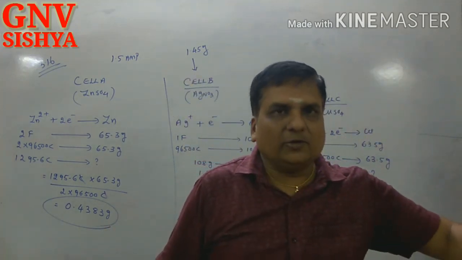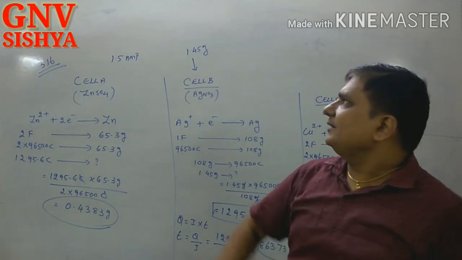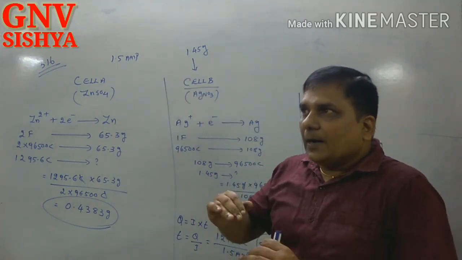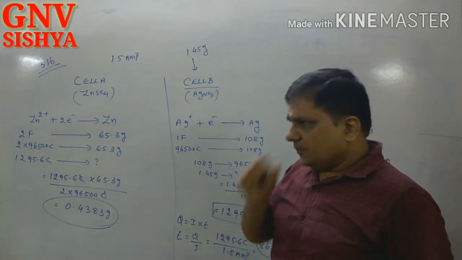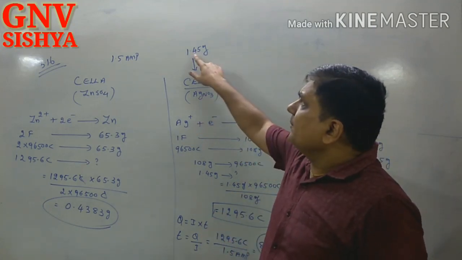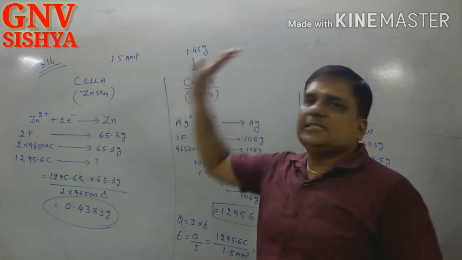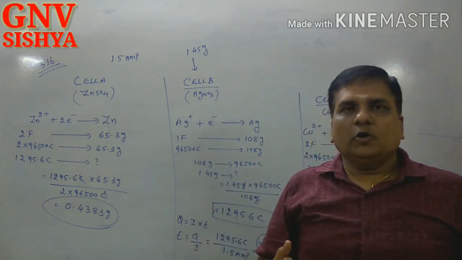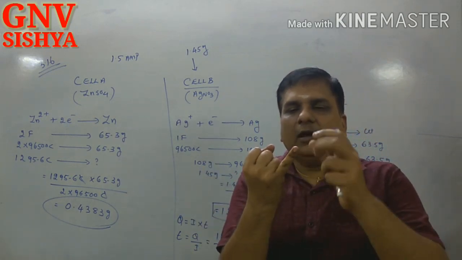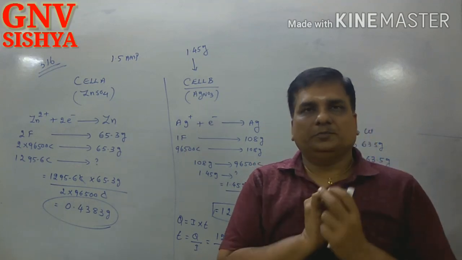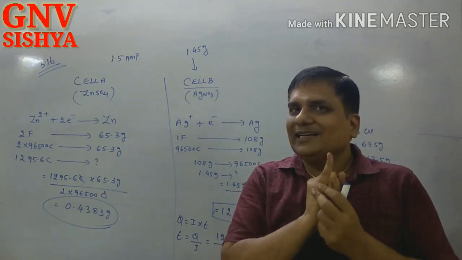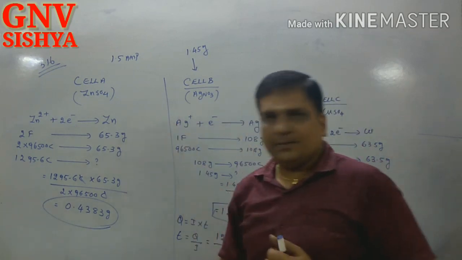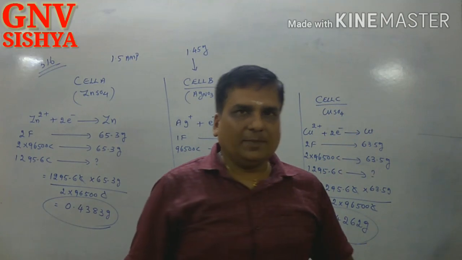Upon passing 1.5 ampere, in cell B, 1.45 gram of silver is deposited. Using that, you have been asked 3 questions. First question, how long did the current flow? Second one, what is the mass of zinc deposited and what is the mass of copper deposited?